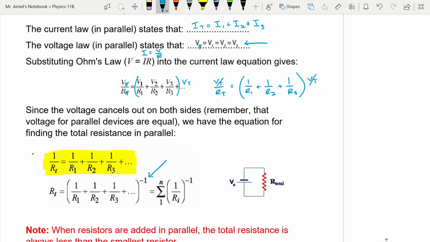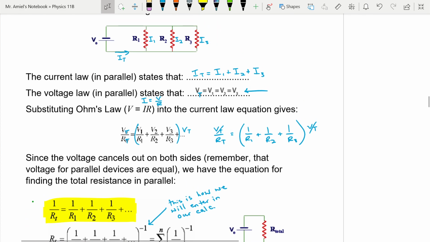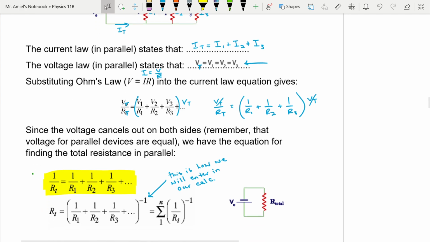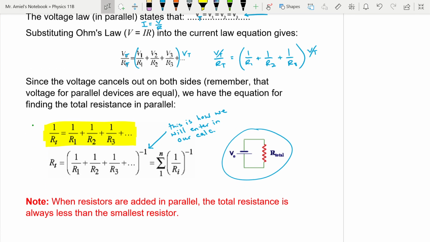So this is how we're going to enter this in our calculators. And again, what you're doing is you're essentially breaking down this larger parallel circuit into this smaller circuit with one total resistance.